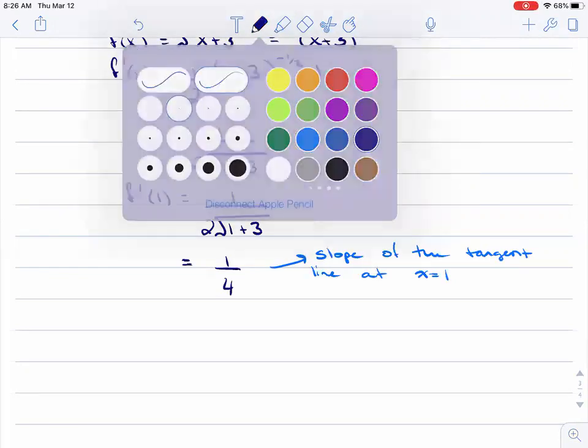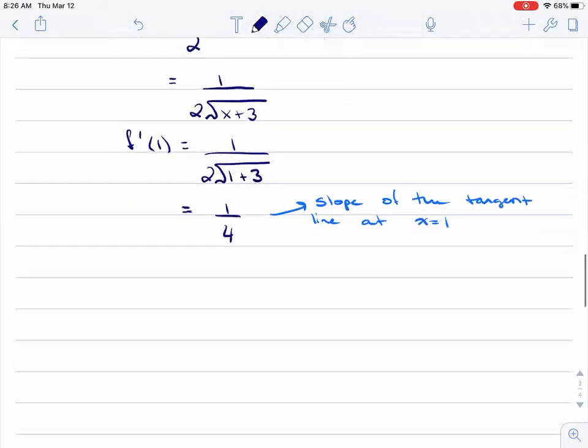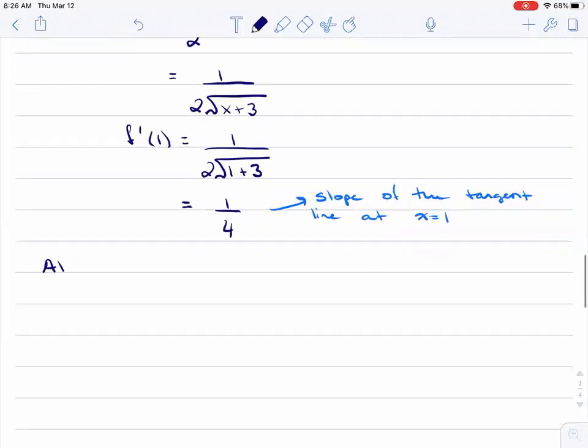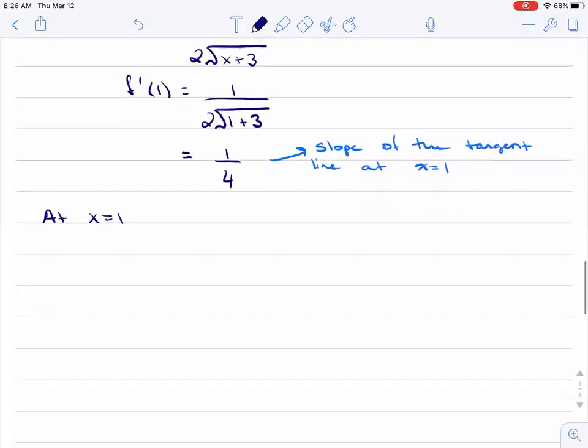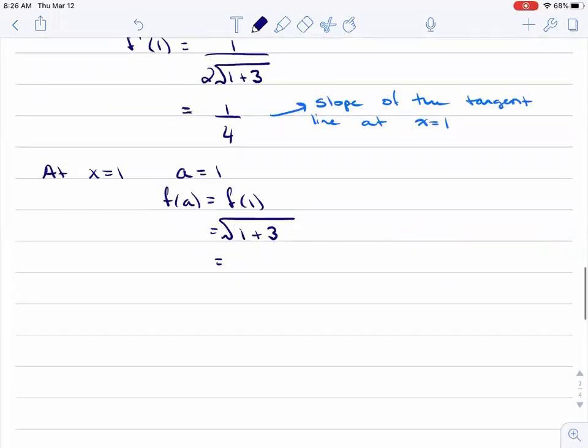So now, at x equals 1, we know that a is 1 and f of a, of course, is f of 1. f of 1 is going to be the root of 1 plus 3, which puts me at 2.